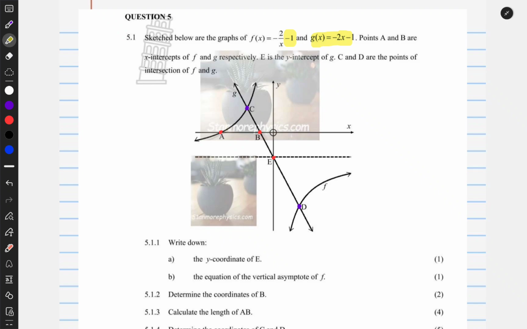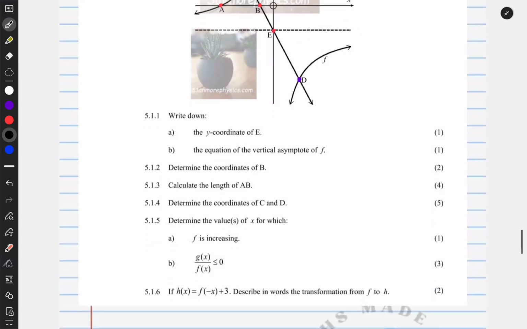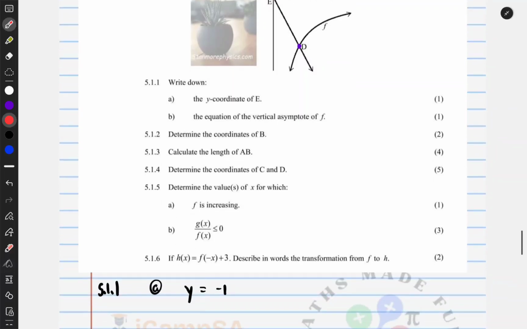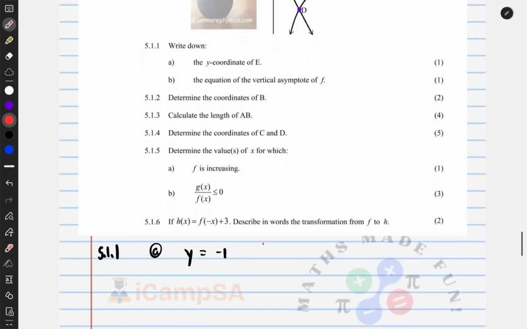Okay, let me put what I'm saying in writing. For 5.1.1 A, the y coordinate of E is equal to -1. This one is by identifying that what we have there is the horizontal asymptote.